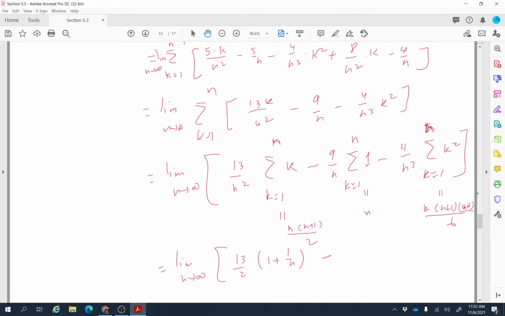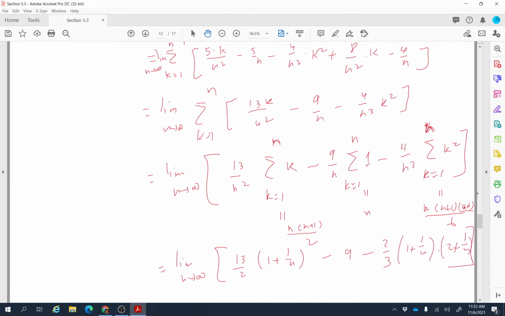Here this n times n cancels out, so this is just 9. Here if you cancel 4 over 6, that gives us 2 over 3, and then there is an n cubed and there is one n, so you can cancel n and n. For the leftover n squared, you divide one of them by n and another one by n. By doing that, it will give us 1 plus 1 over n times 2 plus 1 over n.